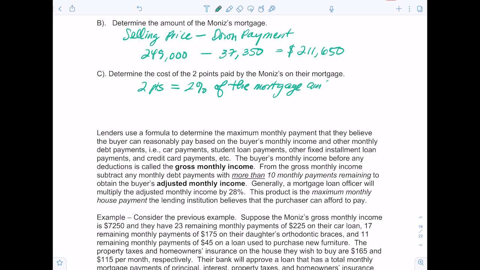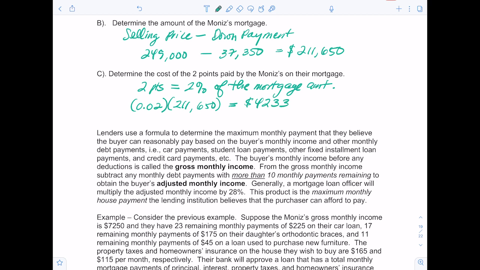So we needed to find the mortgage amount first, which was $211,650. So again, we're just doing 2%, which as a decimal is 0.02, times the mortgage amount, $211,650. And when you do that, you get $4,233.